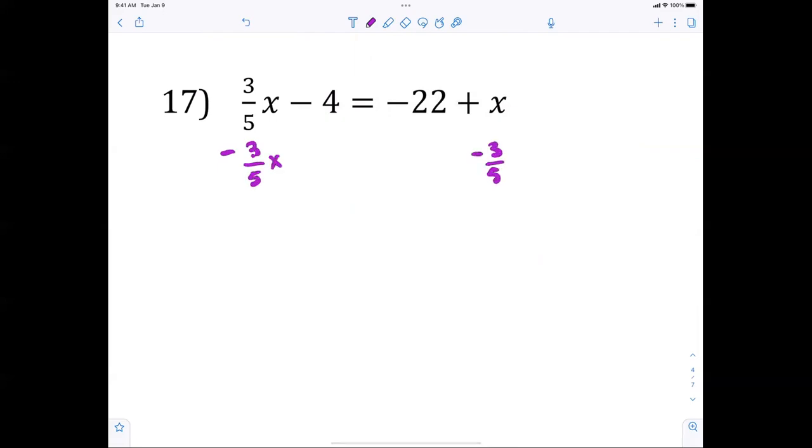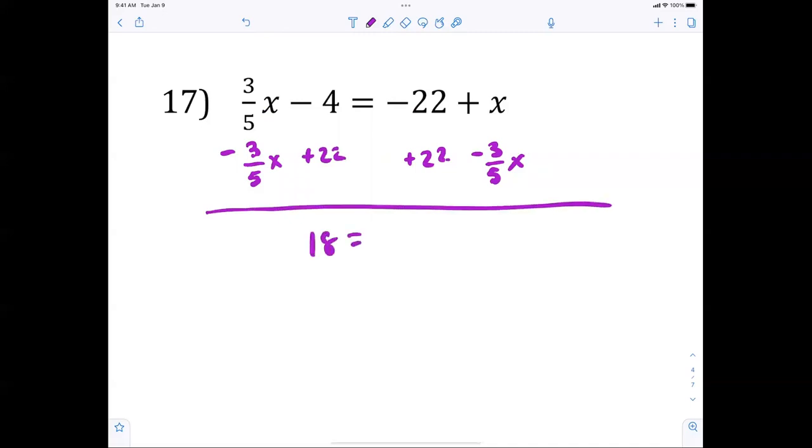Minus 3/5 x. Add the 22. How did you know it was 2/5? Everybody should know that. 1 minus 3/5 is obviously 2/5 because 1 is 5/5.